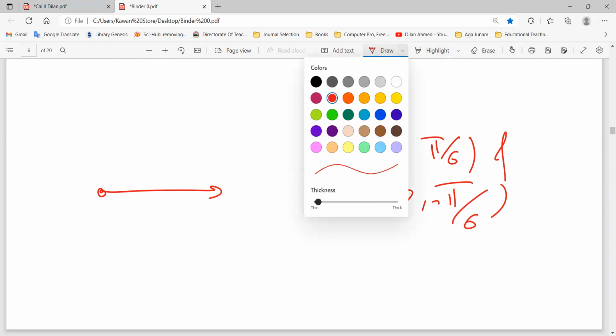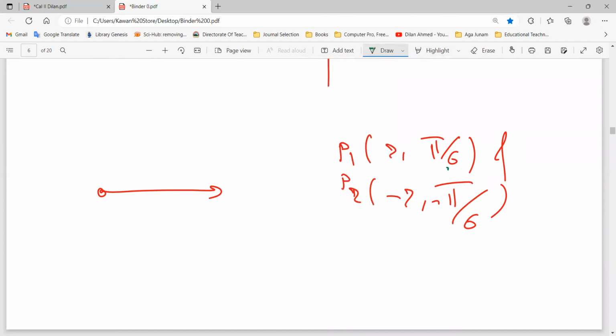Look. The first angle we say what? Pi over 6, right? And 2 positive. So this is the point 1. Am I right? Do you have any problem? How many units? 1, 2.